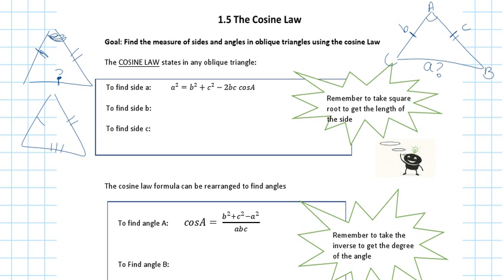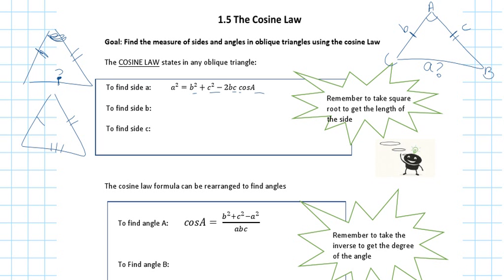If I'm looking for side A, a squared equals b squared plus c squared, because I know the b and the c, minus 2bc cosine angle A. So the b, the c, and the angle A are already given to me.